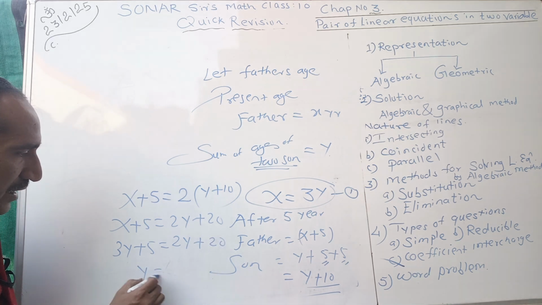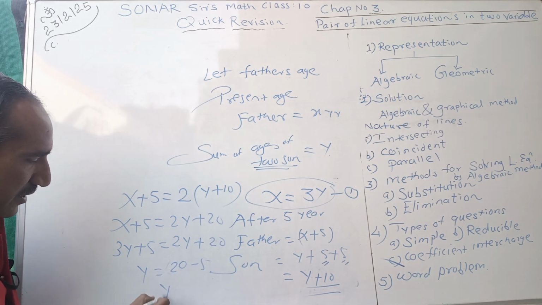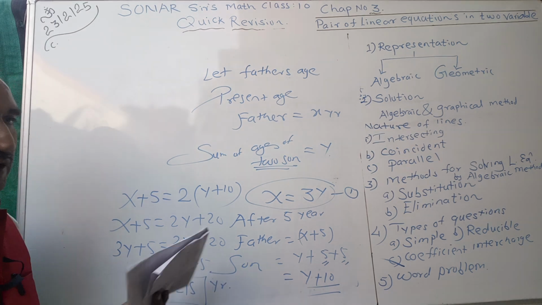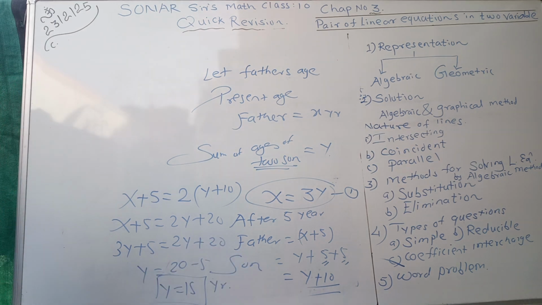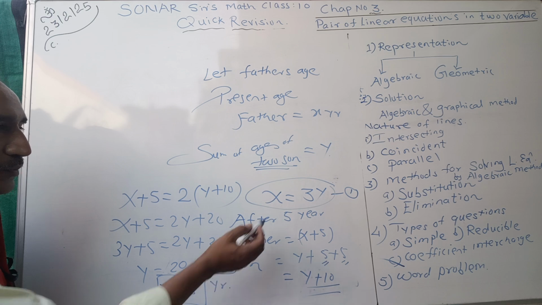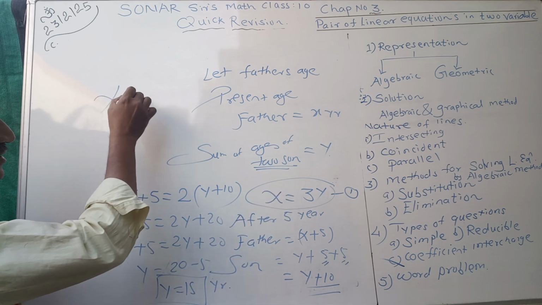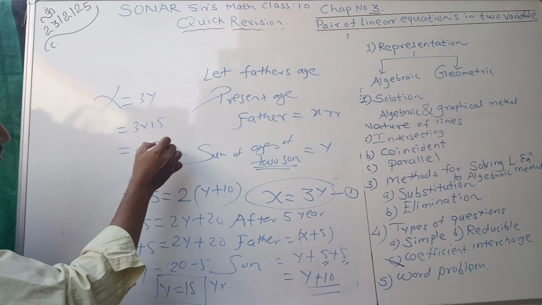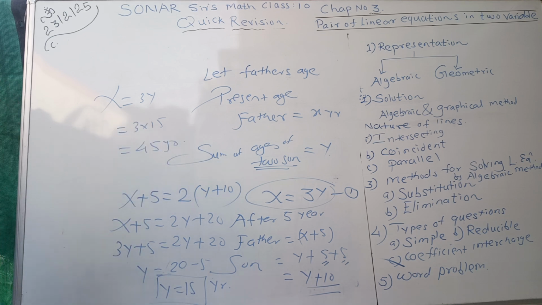So we'll get y equals 20 minus 5, y equals 15. So the sum of the ages of the sons is 15. And what about the father? x is equal to 3y, 3 into 15, that is 45 years.